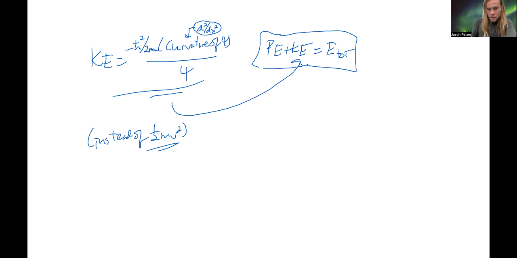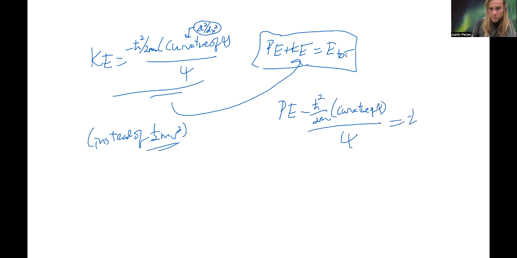The first way is that potential energy, minus h bar squared over 2m times the curvature of psi all over psi equals E total. That's Schrodinger's equation number 1.